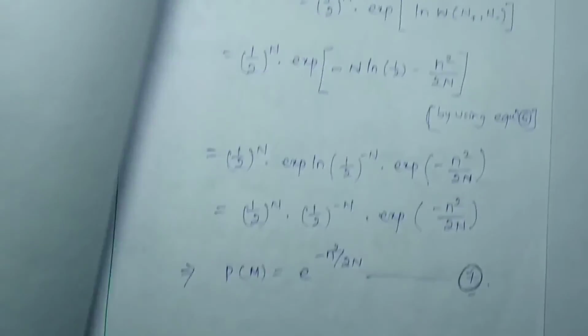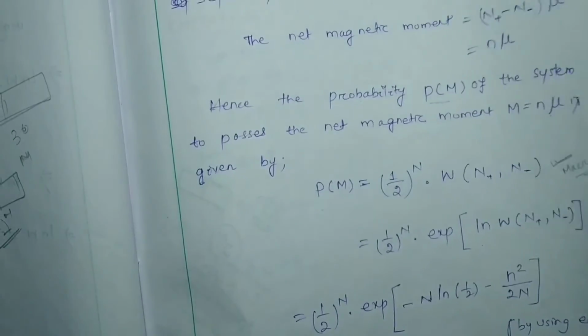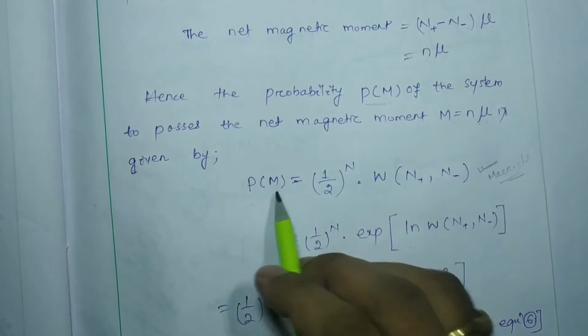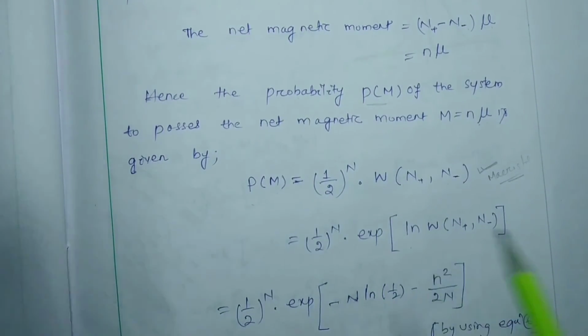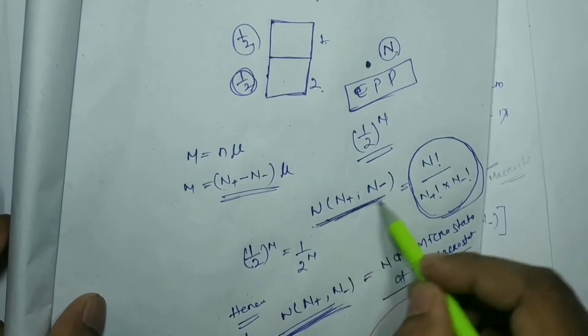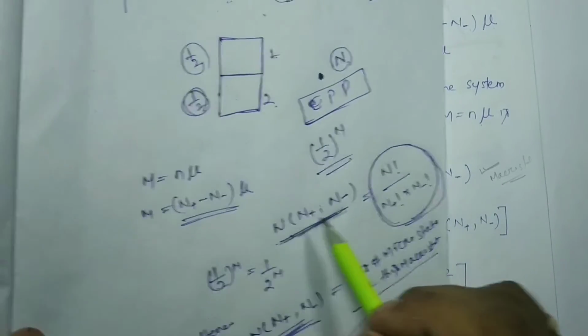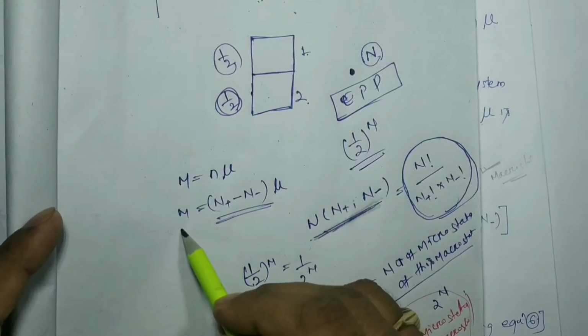So hence here it is written that P(m) means for the macrostate, because for this macrostate the total magnetic moment is this one.